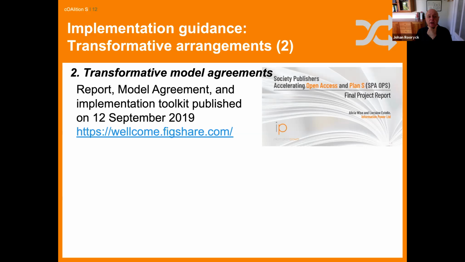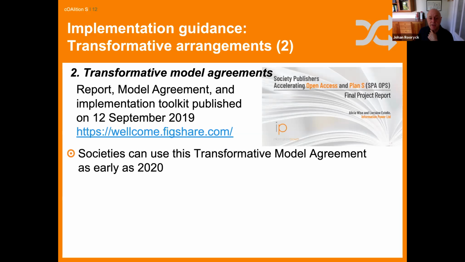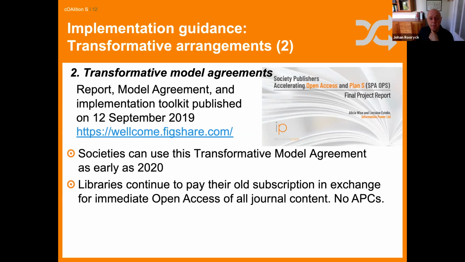That is why we have developed this toolkit to develop model agreements between society publishers and libraries, and basically the idea is the same. Libraries continue to pay their old subscription in exchange for immediate open access of all journal content. No APCs change hands here, but again, the researchers who are associated with the library consortia can publish for free in this journal.